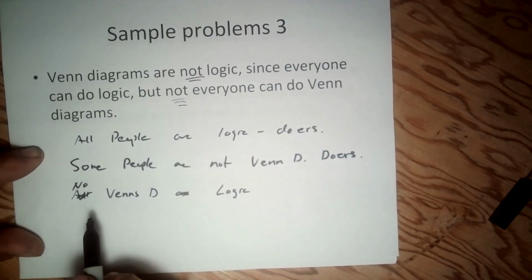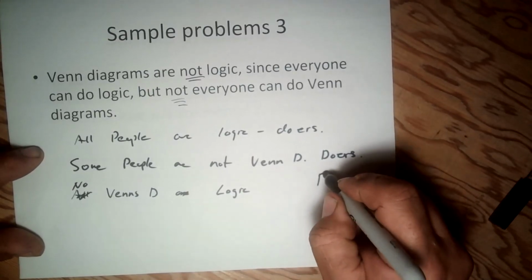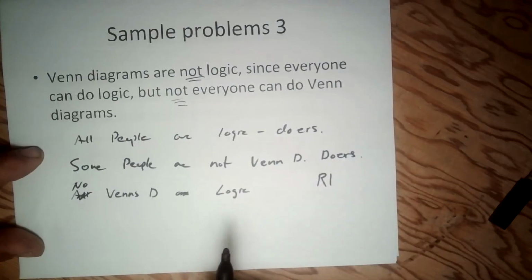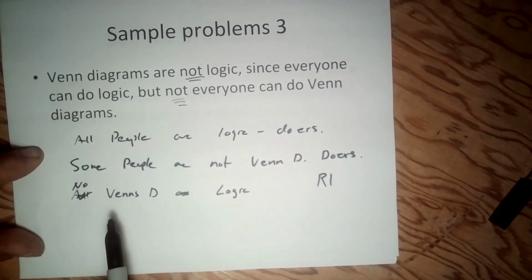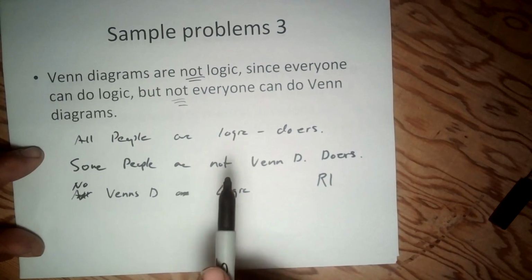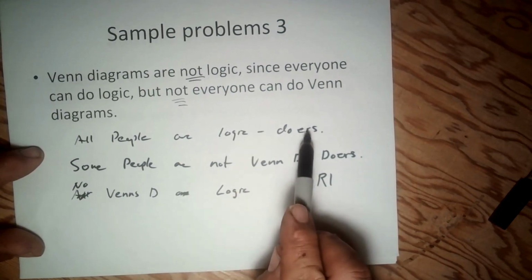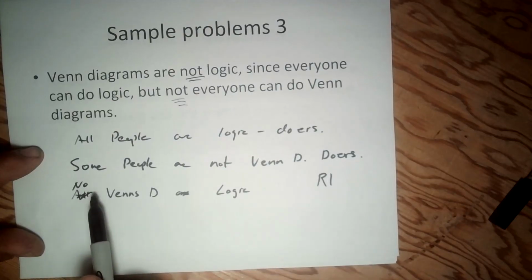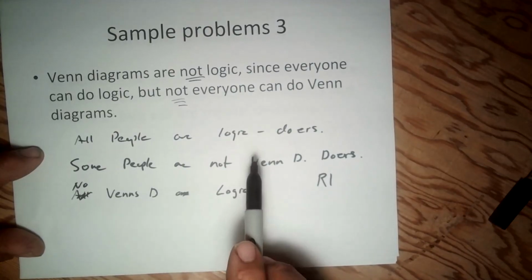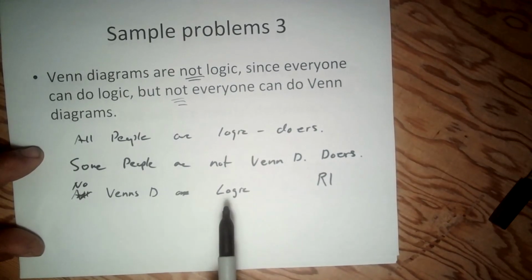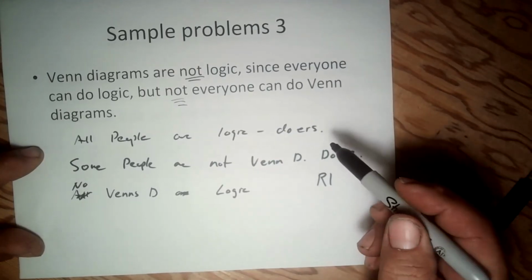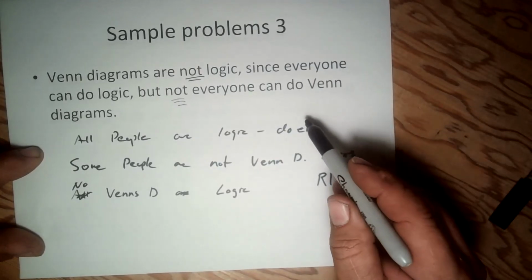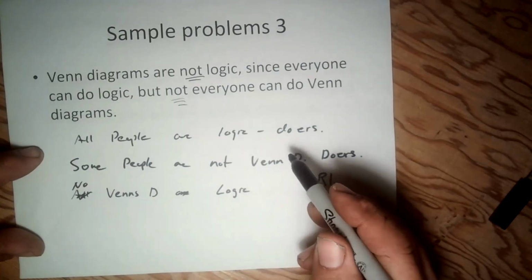Now, when we check our rules, we want to say, do we have three terms each occurring twice? We got people twice. We got logic doers, and then we got logic. We got Venn diagram doers and Venn diagrams. What's going on here? Looks like not only do we not have three terms, and not four terms, but five terms.